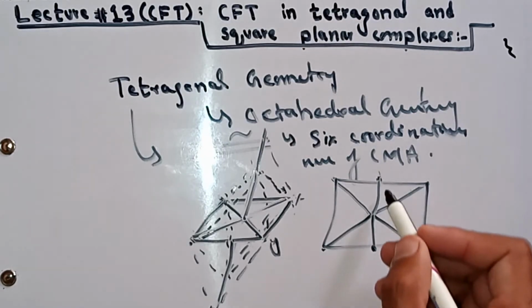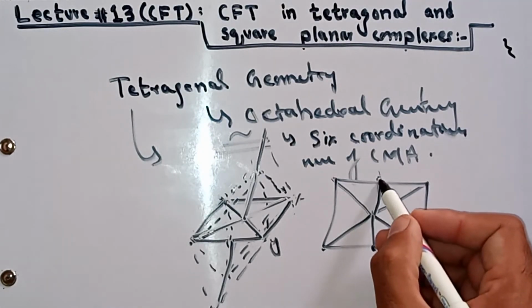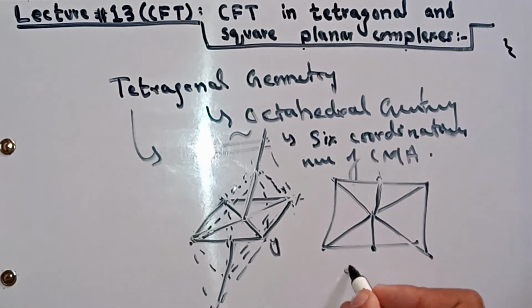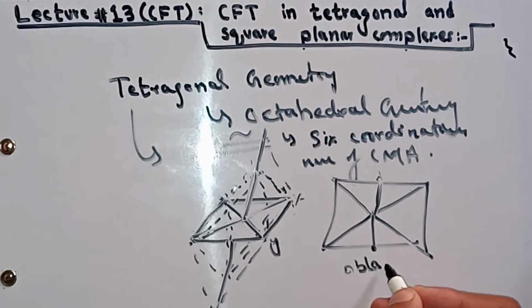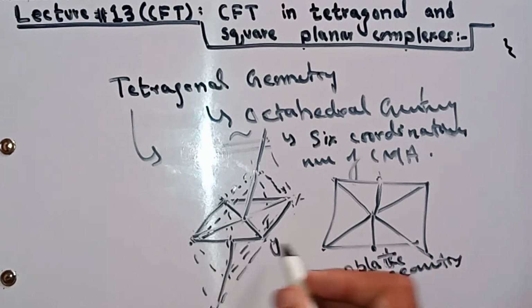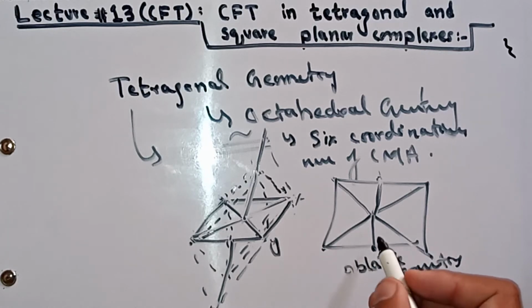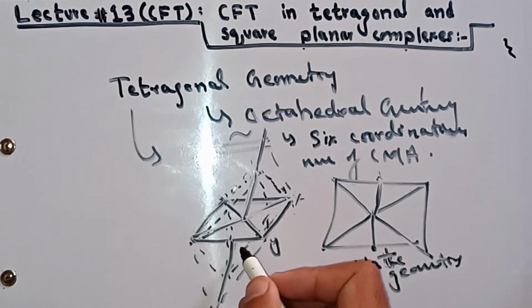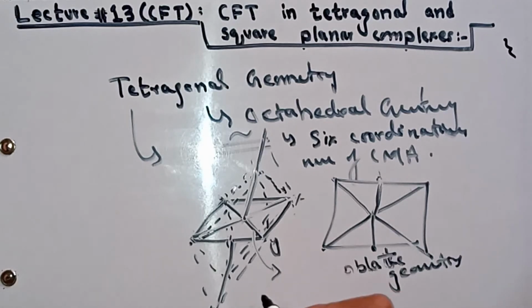If the axial bonds are short, then this geometry is called oblate geometry. When the equatorial bonds are short, this is called prolate geometry.